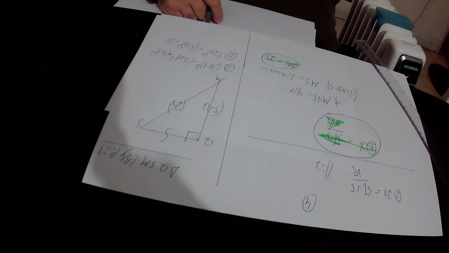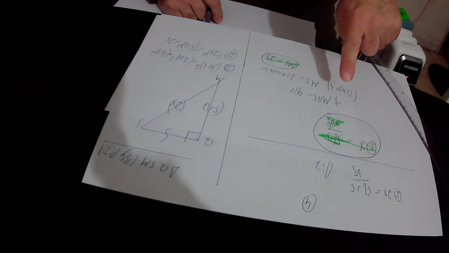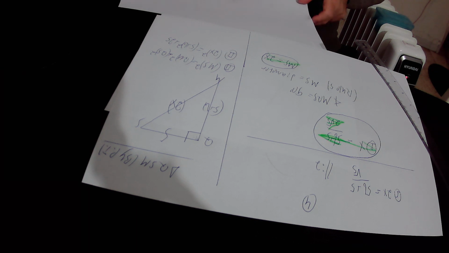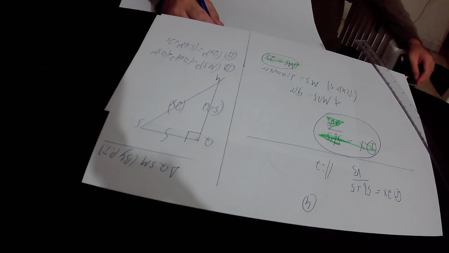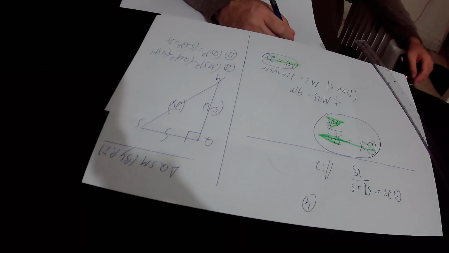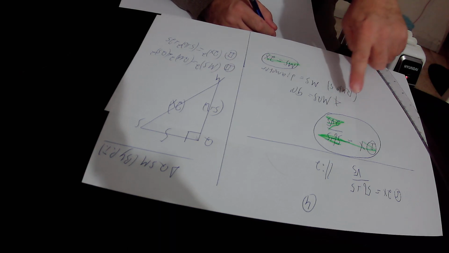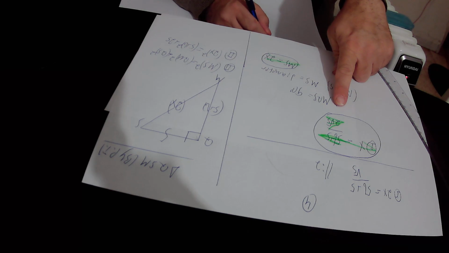Therefore, we substitute x in equation number 2 by 5b plus 5 over 2 times square root of 5.